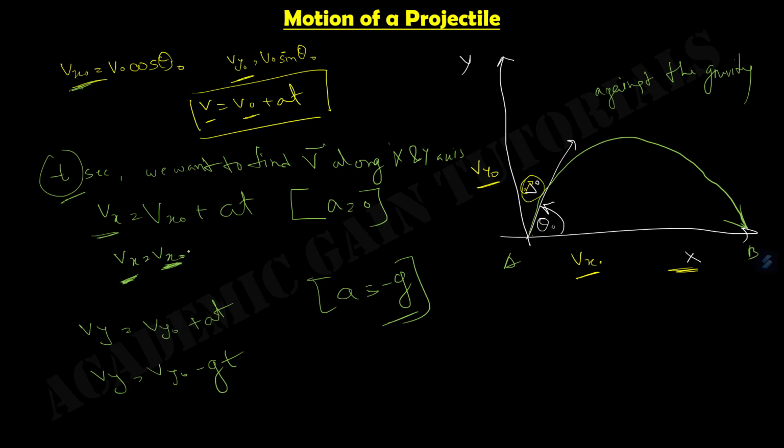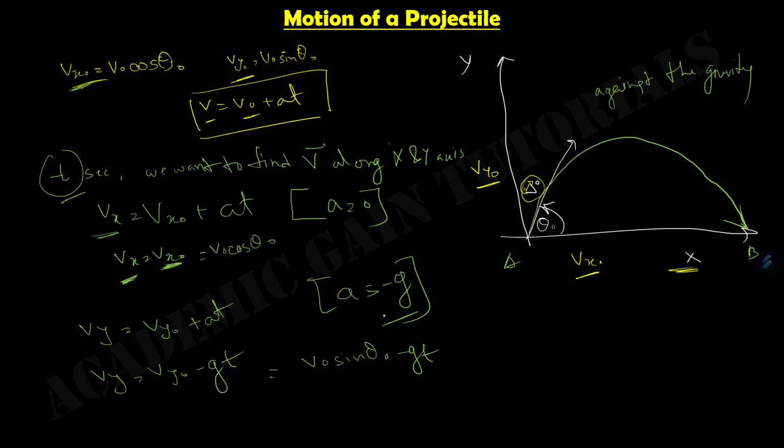So we know Vx naught equals V naught cos theta naught. So we write that Vx equals V naught cos theta naught, and for Vy we can write Vy equals V naught sin theta naught minus gt.